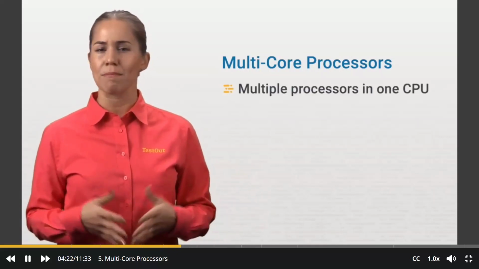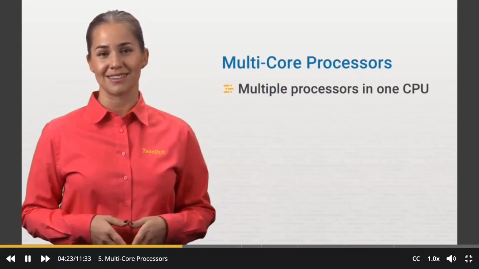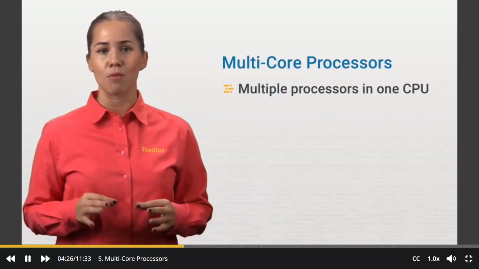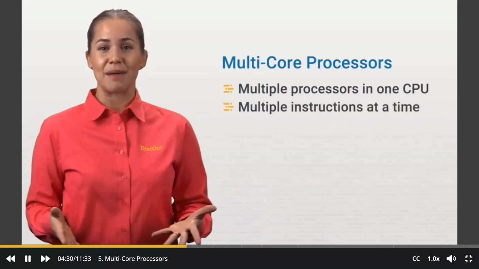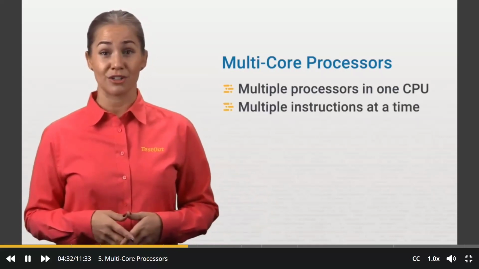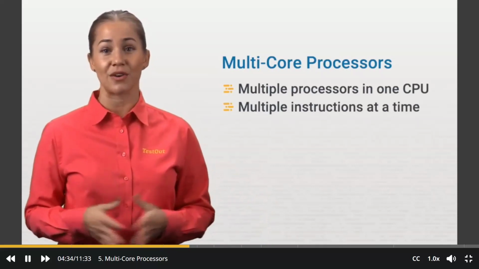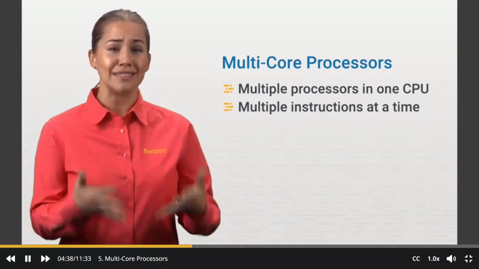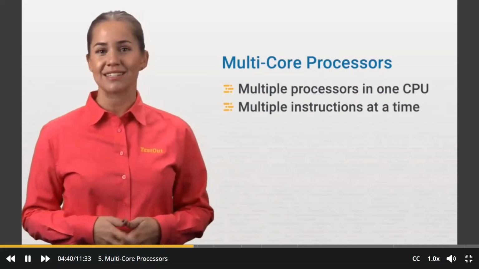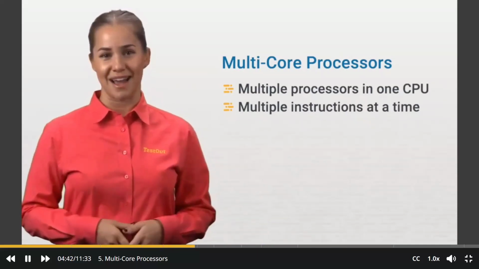Implementing multiple cores dramatically improves the system performance. The key thing to remember is that a multi-core CPU can execute more than one instruction at a time. For example, if you have 4 cores within your CPU, each core can execute an instruction concurrently. So, instead of processing just one single instruction, the CPU can execute 4 instructions at the same time.